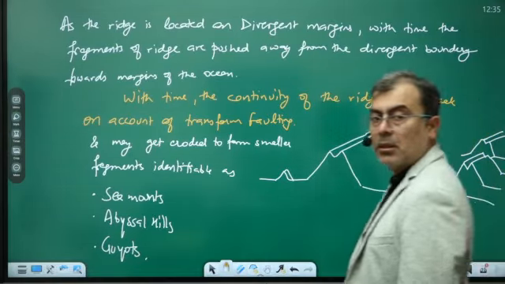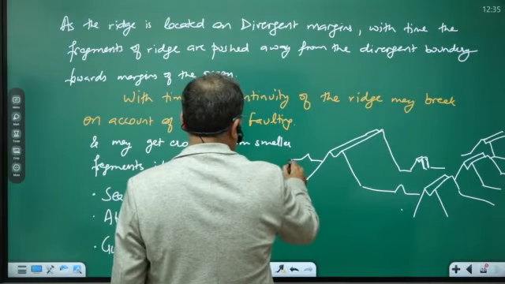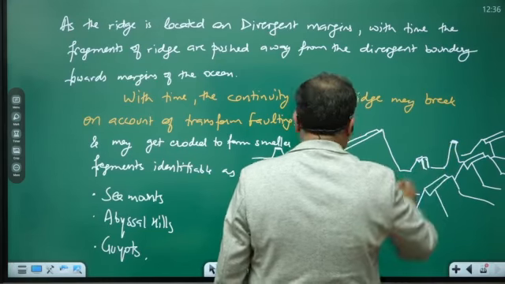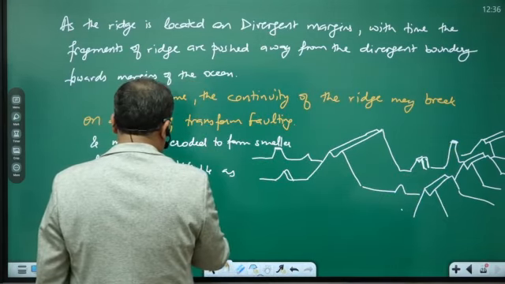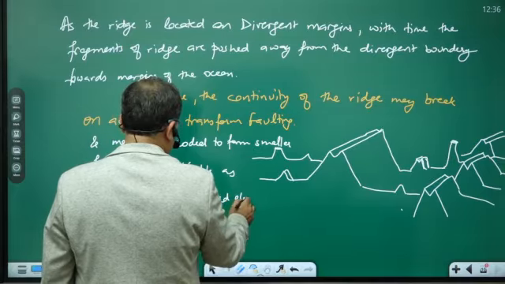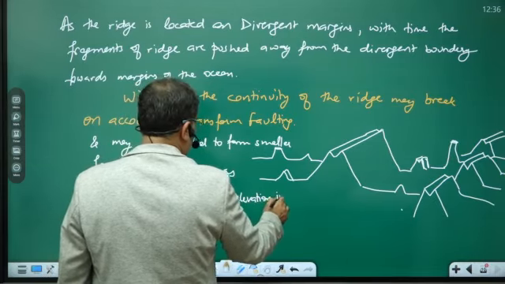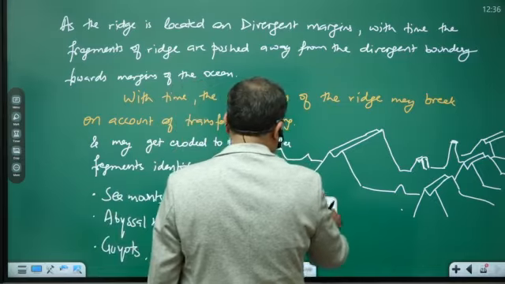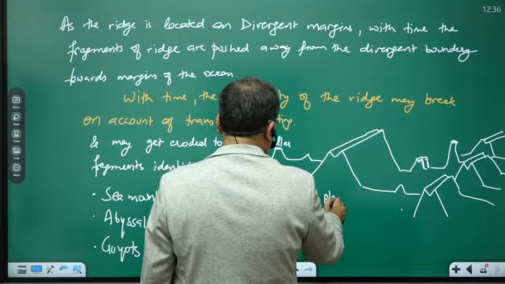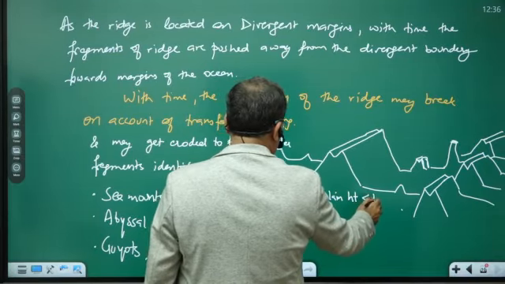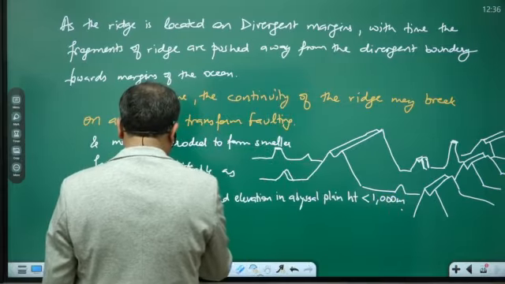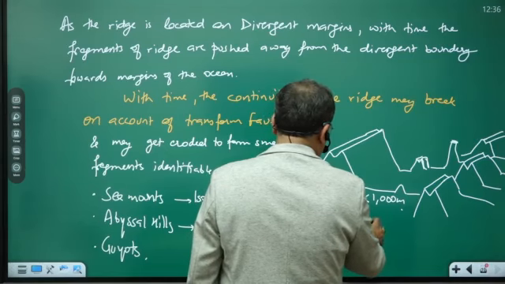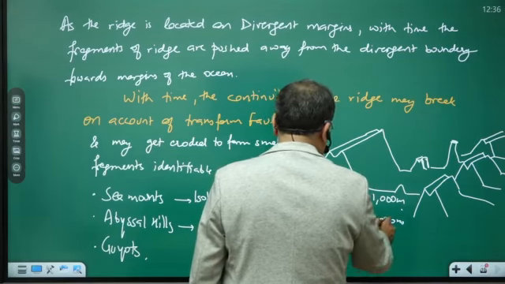So what are these? Abyssal hills: isolated elevations in abyssal plain, height less than 1000 meter. Seamount: isolated elevation in abyssal plain, height more than 1000 meter.